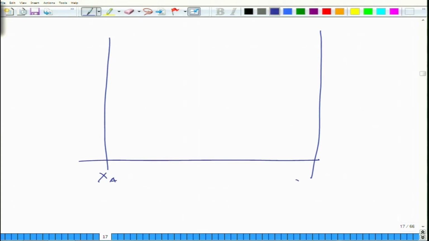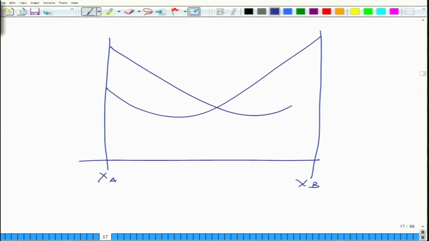So, when I draw the free energy curves of both the phases against X A and X B, this is, let us say, for alpha, and this is for beta. So, this is G alpha and G beta. This point represents G A alpha.